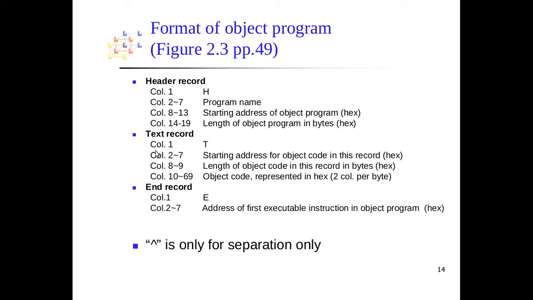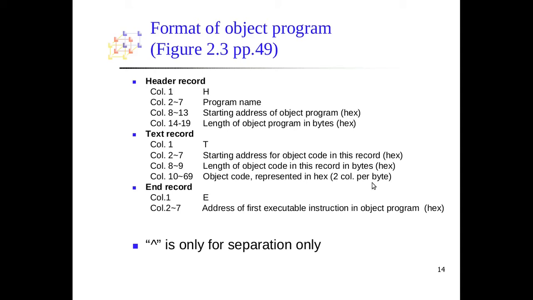If you consider the text record, the columns for storing the actual object code are from column number 10 to 69. That is, there are a total of 60 columns for storing the object code. So how many bytes can be stored? 30 bytes can be stored using these 60 columns, because there are 2 columns per byte.